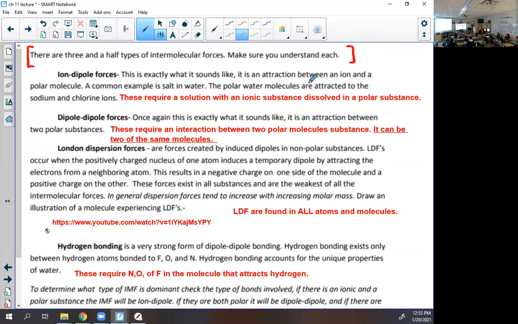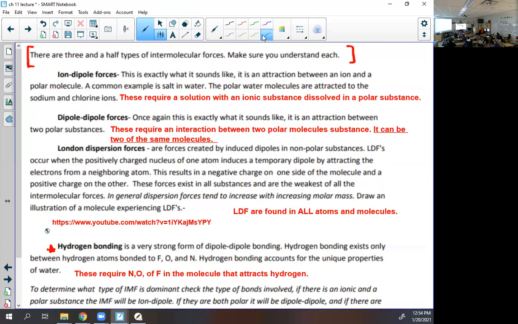All right. There are, and I typed this, this is my opinion, 3.5 types of intermolecular forces. You will read sometimes that there are 4 and sometimes that there are 3. The one that's a half is hydrogen bonding. Hydrogen bonding is definitely important, but there's a debate on whether it's officially one of these or not. Okay, just go with me here.